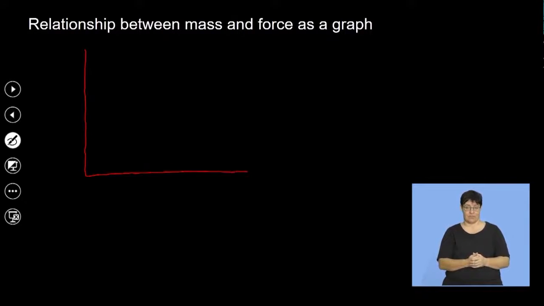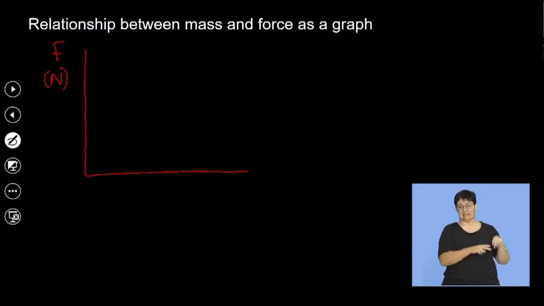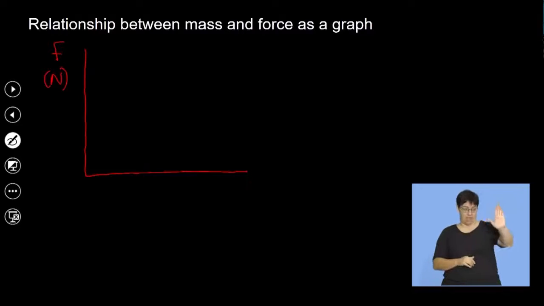We're going to have force on the y-axis because force is my dependent variable. Force depends on the masses. The masses don't depend on the force. So force goes on the y-axis. On the x-axis, we have mass 1 times mass 2.